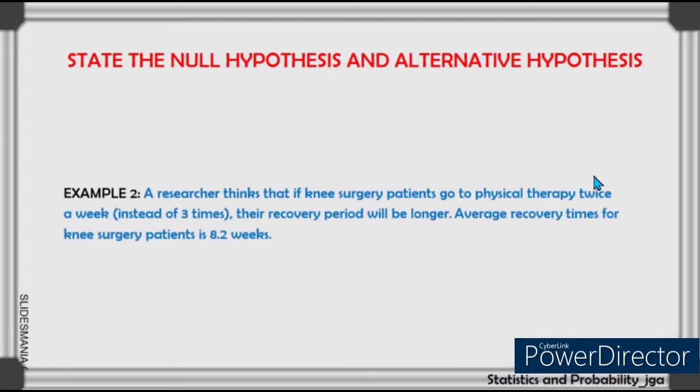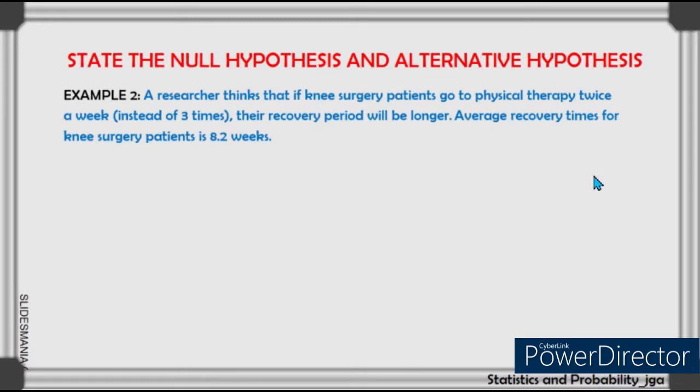Okay, so we have here example number 2. A researcher thinks that if knee surgery patients go to physical therapy twice a week instead of 3 times, their recovery period will be longer. Okay? The average recovery time for knee surgery patients is 8.2 weeks.